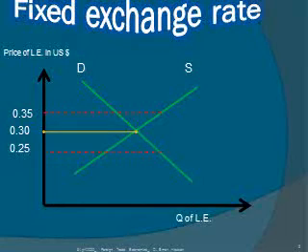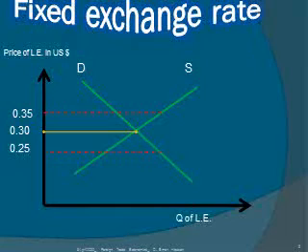Devaluation is a decision of the central bank, and the price 0.35 is another decision for the central bank, and this value above the price of equilibrium is called the revaluation.